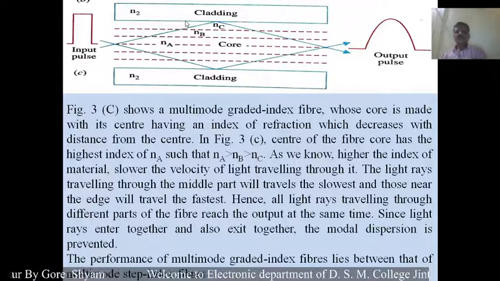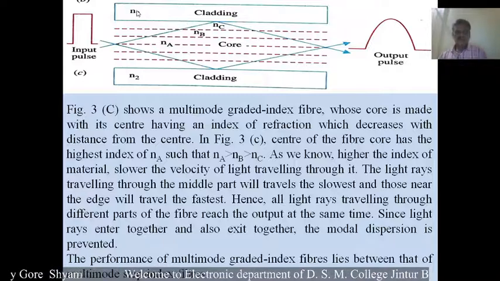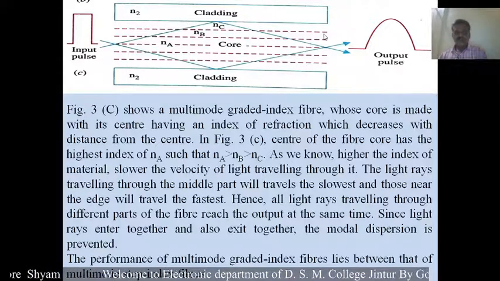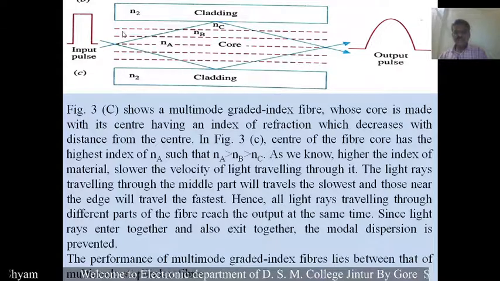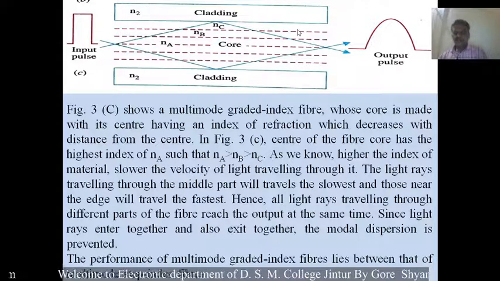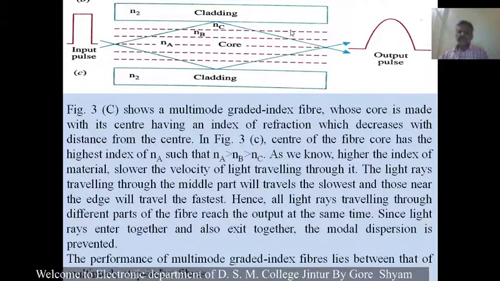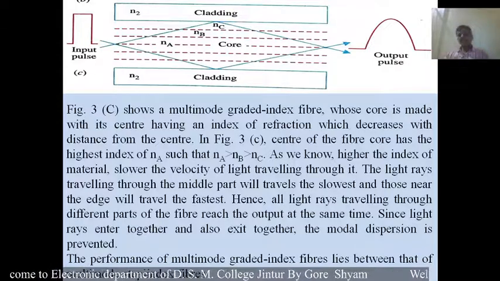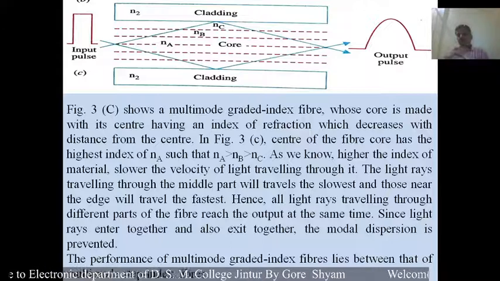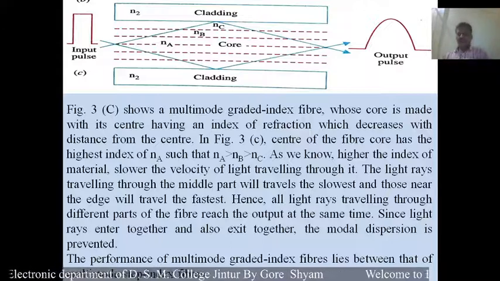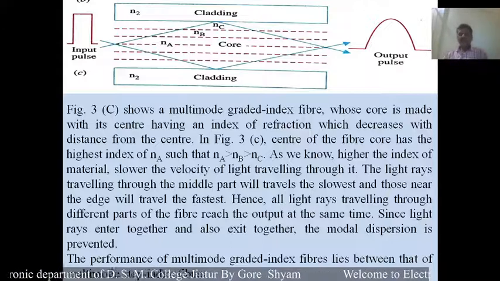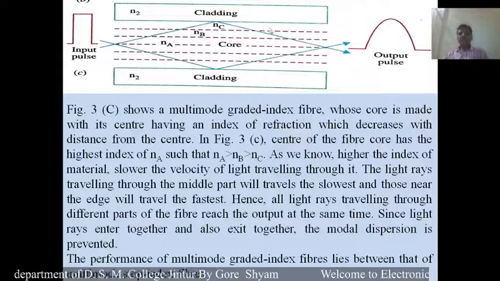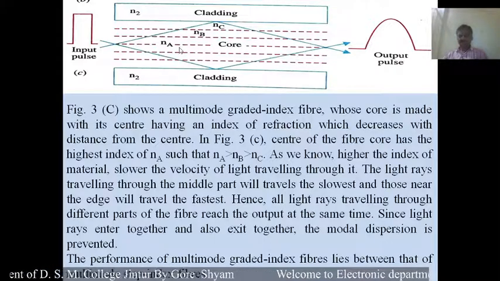Such an optical fiber is known as graded index. Graded means the refractive index changes very slowly, slightly, from higher to lower. That is known as the graded index. As you know, the refractive index decides the speed of light.